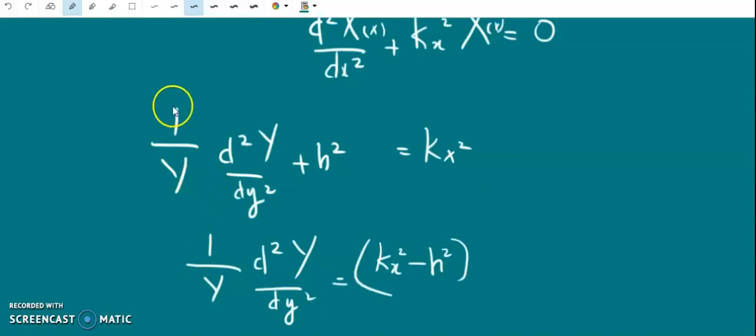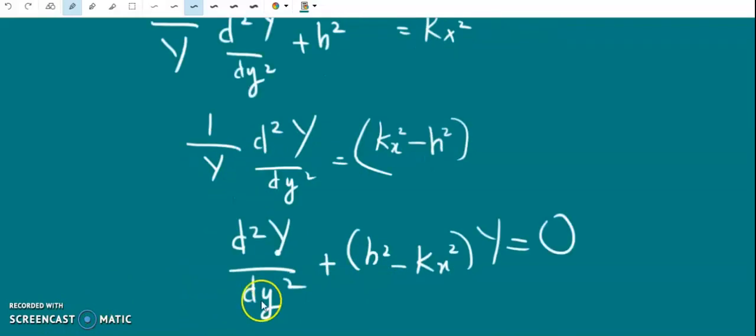Now we put the RHS also equal to the same constant. So we get 1 over Y d²Y by dy² plus h² equals kx², and rearranging this we get 1 over Y d²Y by dy² is equal to minus kx² minus h². So multiplying each and every term with capital Y and rearranging the terms, we get d²Y by dy² plus h² minus kx² times capital Y is equal to 0.